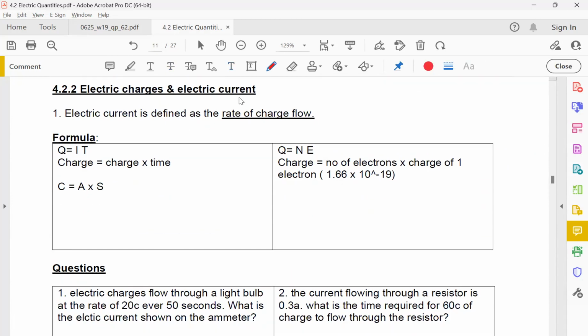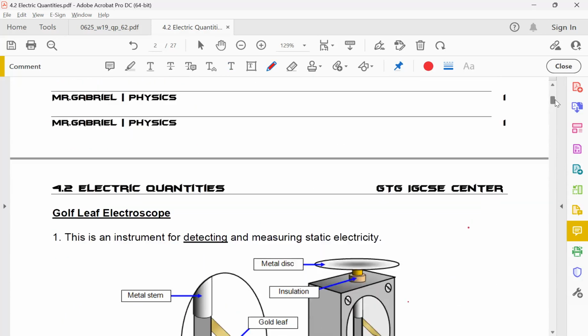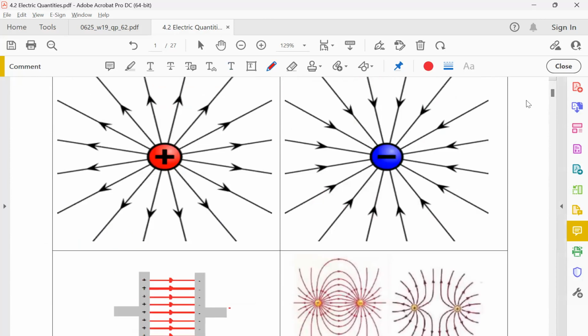So we'll first talk about the first two charge formulas that you're going to learn about, guys, which is basically Q equals IT and Q equals NE. Guys, like last chapter we talked about, there are only positive and negative charges that are actually flowing in the wire.